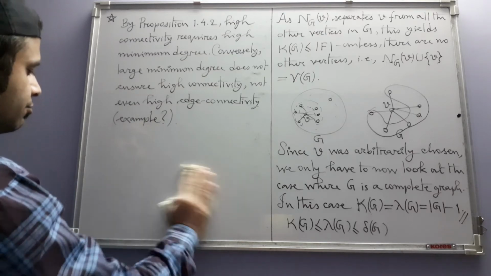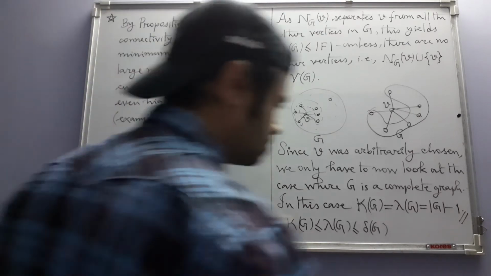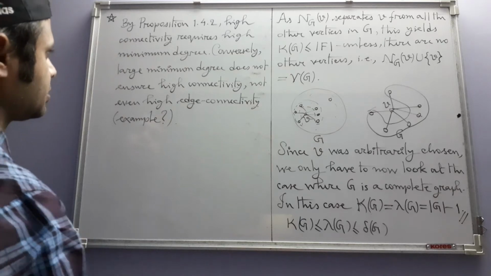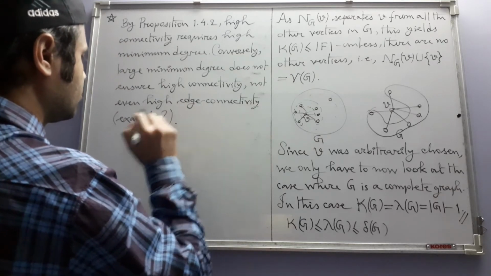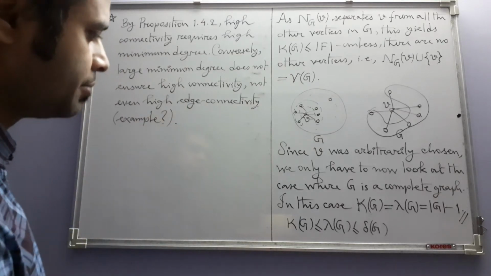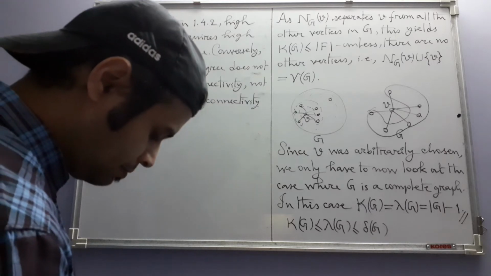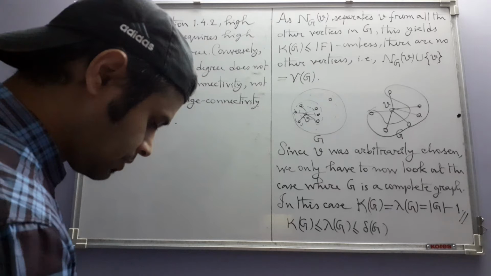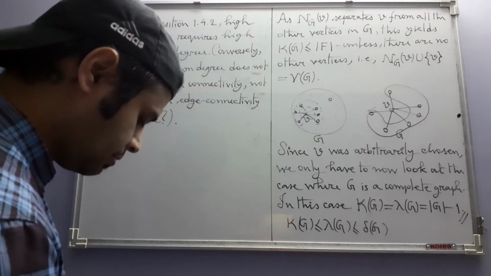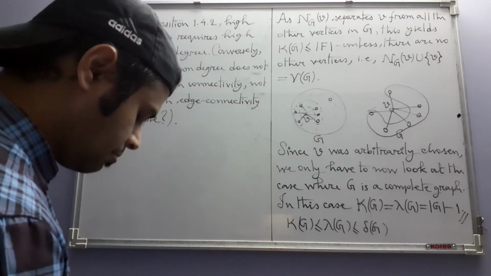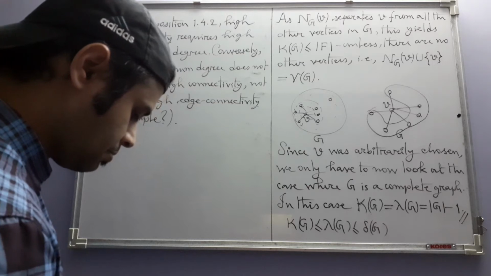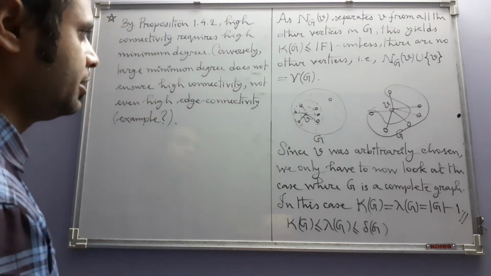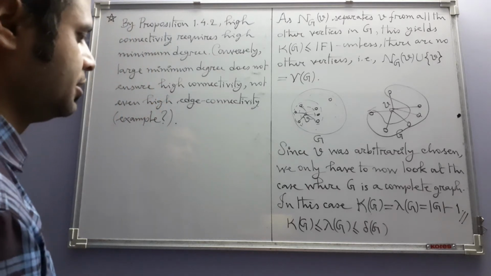So you have to find a graph which has large minimum degree but still it has low connectivity and low edge connectivity.